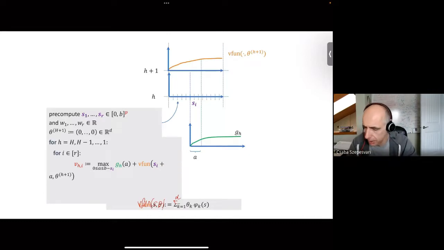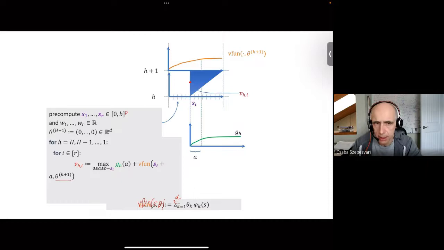Just like what the function approximator is doing. That uses the previously calculated parameter vector. You do this for all the actions, you take the maximum, that's what this blue triangle is doing, and then you get a value at all these knots.